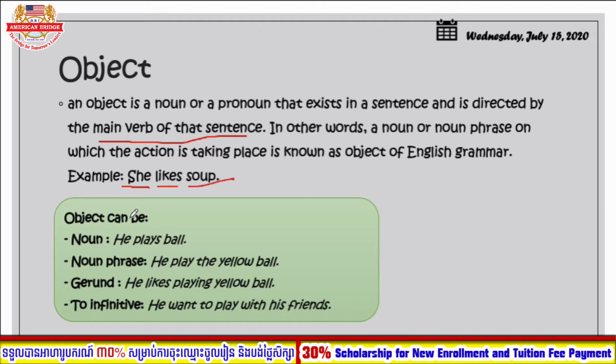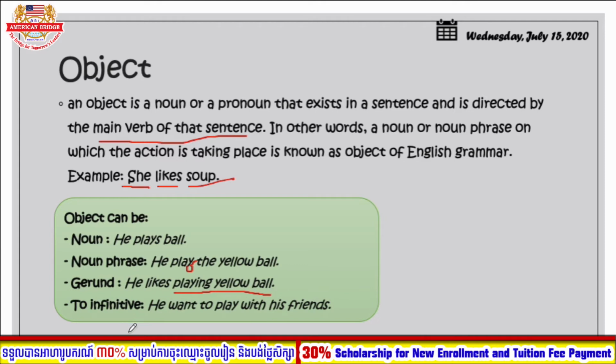And for object, we can use a noun as an object, as in the example he plays balls, or we can use a noun phrase as the object as well. He plays, okay, play with S, everyone. Okay, sorry. Okay, he played the yellow ball. Gerund, he likes playing yellow ball. So he likes playing yellow ball. Playing here is the object of the verb like.